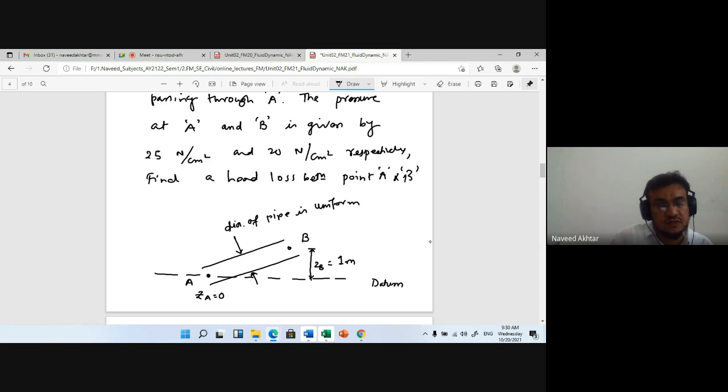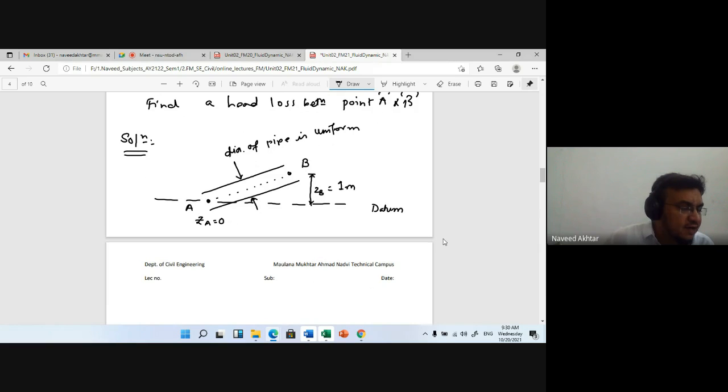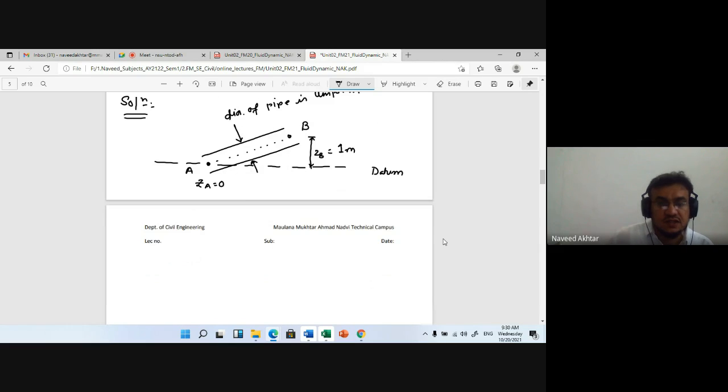So that we have started the solution. Just the figure I am showing you to understand. So in the inclined pipe, the fluid is flowing. Given in the example, ZA is equal to 0 as per the datum. ZB is equal to 1 meter.